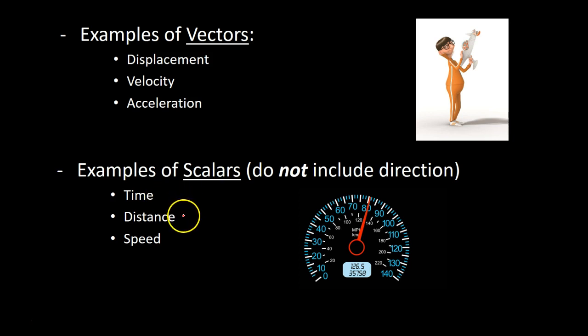If you remember the last video on distance, we were just adding up those individual meter sticks or rulers. Distance is just the total length traveled, and doesn't depend on direction. Similar to speed, if you think of just the speedometer in your car, all this dial is doing is pointing to a given speed. Speed is distance over time. Distance is a scalar, time is a scalar, speed is also a scalar. It doesn't depend on direction.